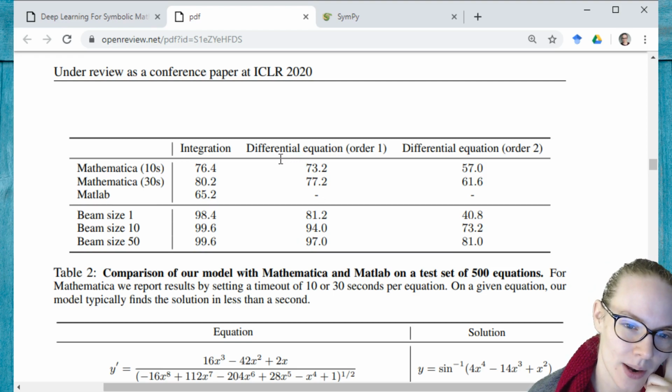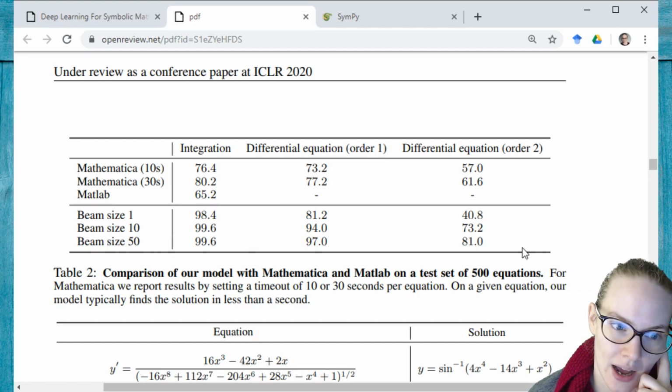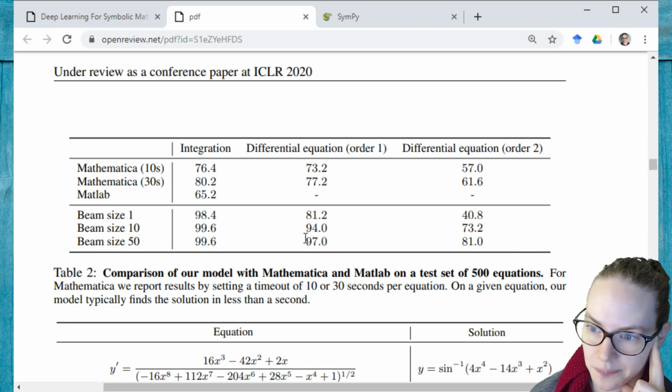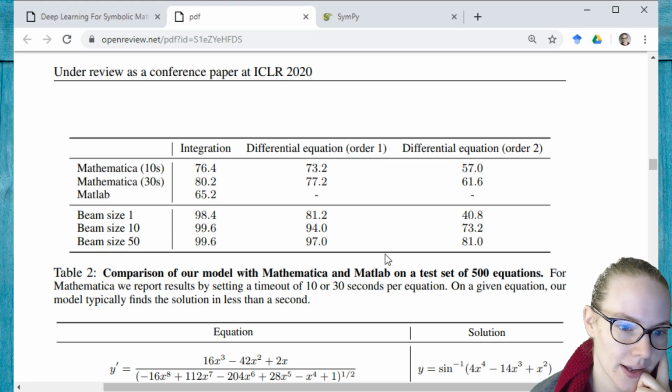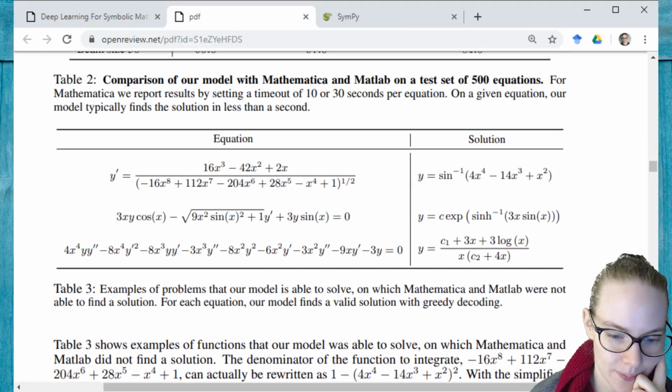And then differential equations, pretty much the same story. If Mathematica is given longer to run, it does better. But with a large beam size in particular, this transformer-based model does substantially better. So, interesting.